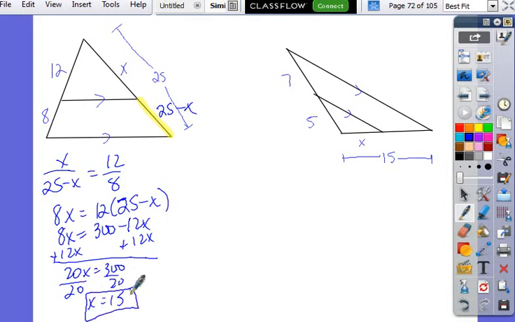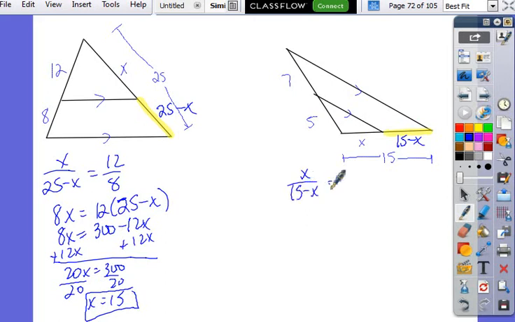What is this missing piece right there? 15 minus x. Does everybody understand where that 15 minus x is coming from? Yeah. Whole thing is 15, minus the piece it gave me was x. So 15 minus x is what's left. Proportion. X over 15 minus x equals 5 over 7. All right, now what were you saying?